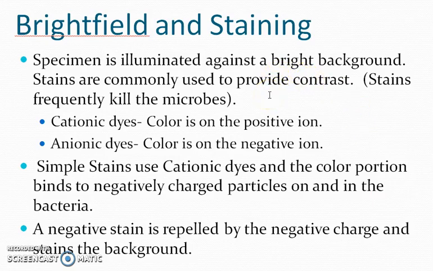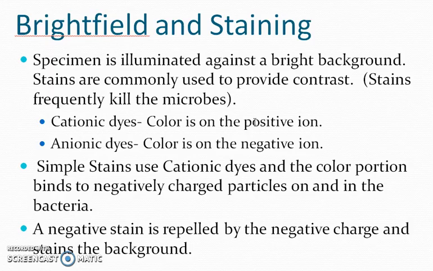There are two kinds of stains that we use to make the differentiation or the color show up better, and they're the cationic stains. These dyes are basically salts. They have a positive and a negatively charged particle that's associated with the salt. It's like sodium chloride, but in this case the color is on one of those molecules.